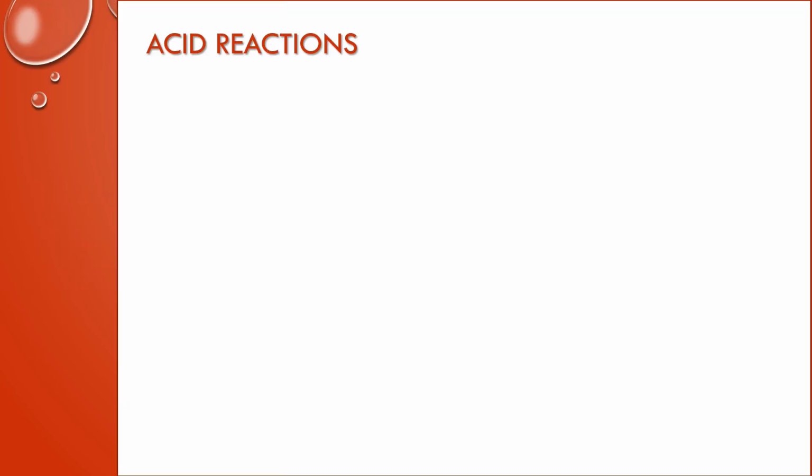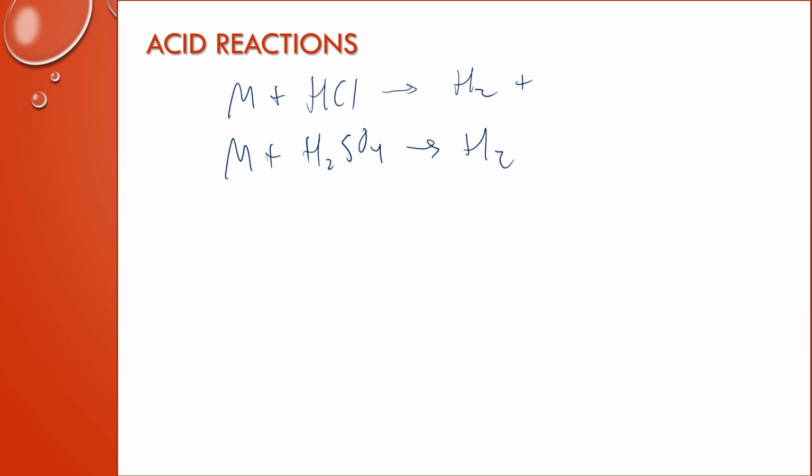Now you also need to be able to predict reactions using the same method but with acids. Now if you have some metal reacting with hydrochloric acid or with sulfuric acid, those can react to form hydrogen gas and some kind of salt, some kind of chloride salt or some kind of sulfate salt, depending on what's going on.